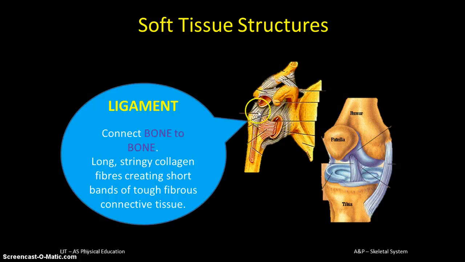Remember that the humerus has a ball on the end of it, and the ligaments pull this ball into the socket, which is your shoulder socket. So ligament is incredibly important to hold bone in place and hold the joint structure stable.